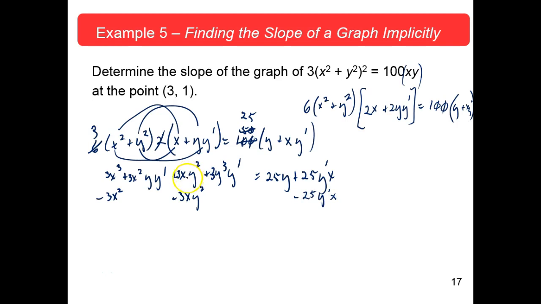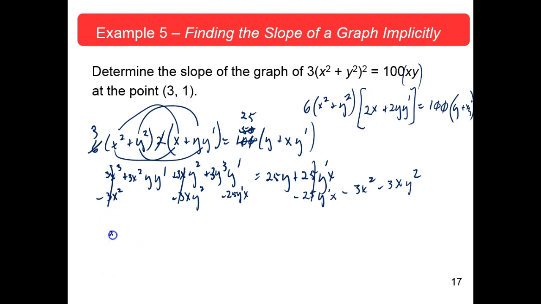So we'll do a minus 25y prime x here and a minus 3x squared minus 3xy squared here. All right, so these go, those go, and that goes.